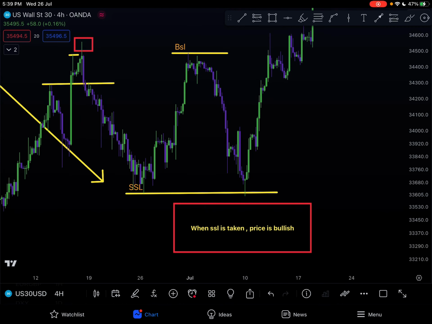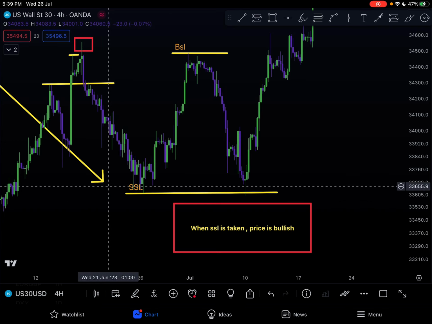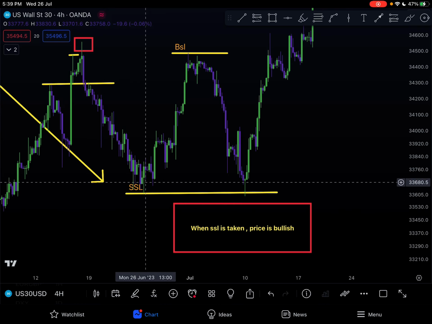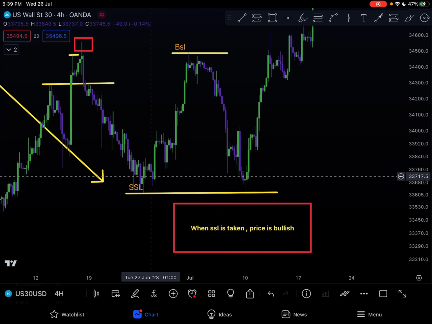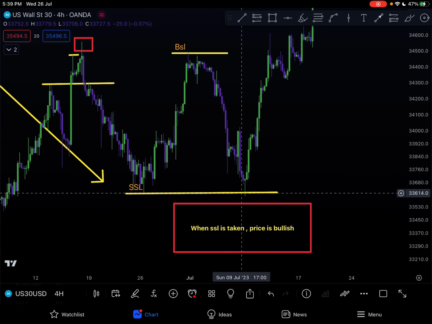Please write that one down for your notes. If you hear nothing else I said today, okay? When major sell side liquidity, that means the lowest low that you see in this area, before this little smack back up, gets taken out again, price is automatically bullish.